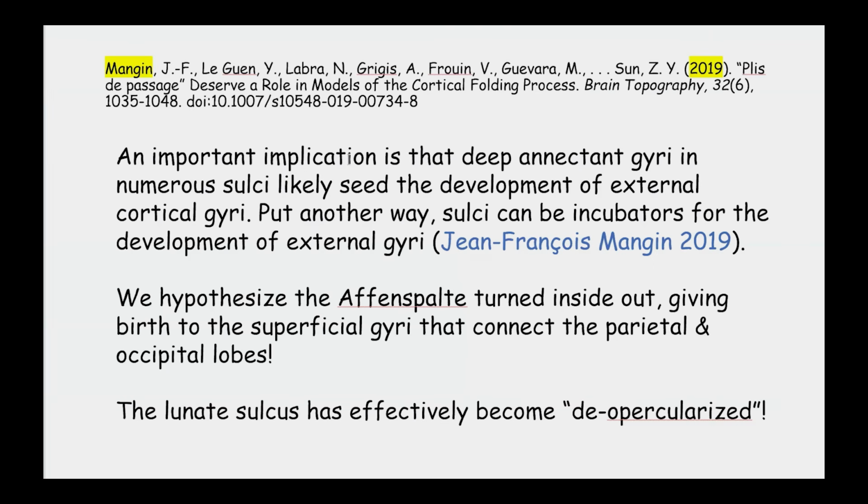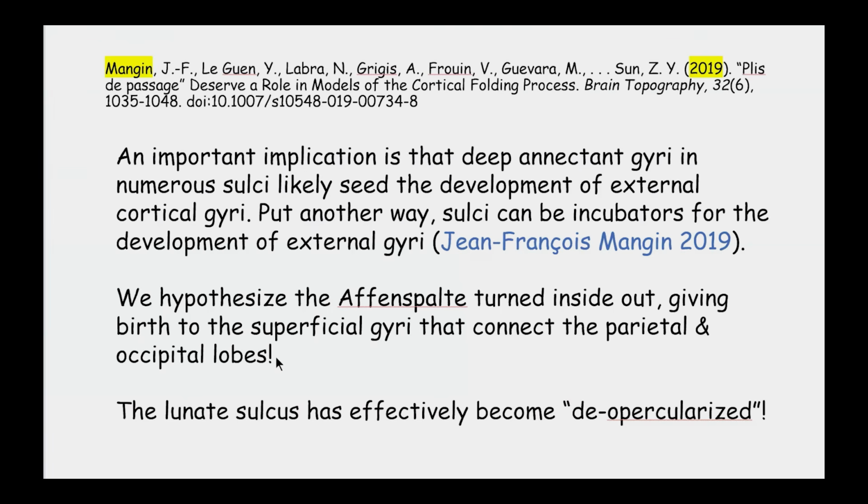And this follows the work, very important work, of Jean-Francois Mangin, 2019. The reference is on top, where he hypothesized that sulci are kind of hotbeds that give rise to seeding developing cortex. And so we very much appreciate that work.